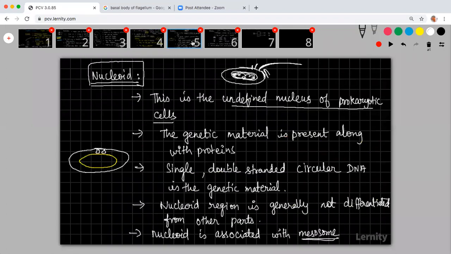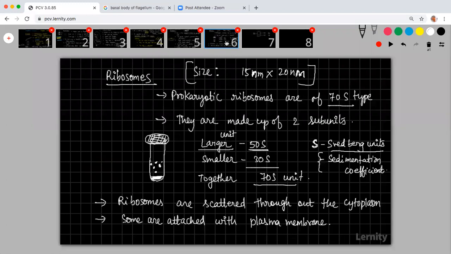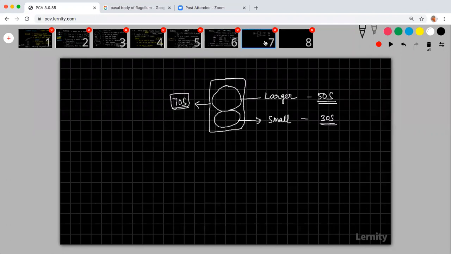Fifth slide. Please ask your coordinators whether you are having classes tomorrow or not. I'm not sure about it. Sixth slide. Seventh slide.